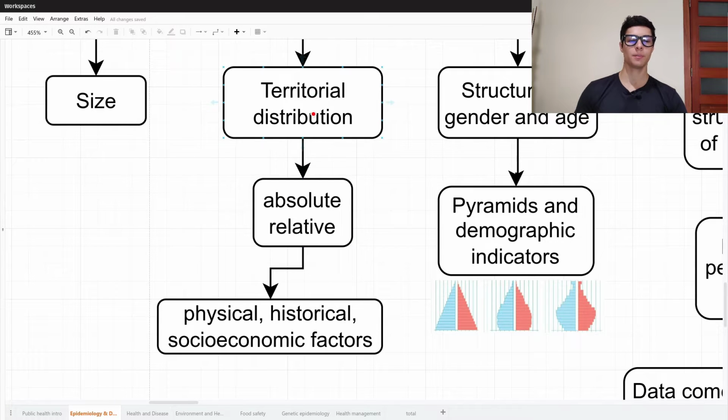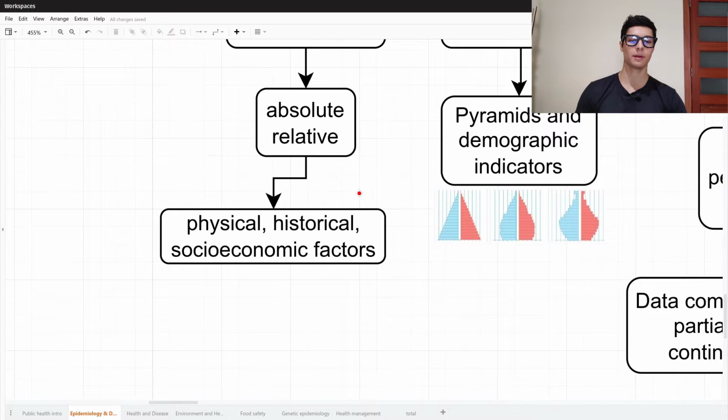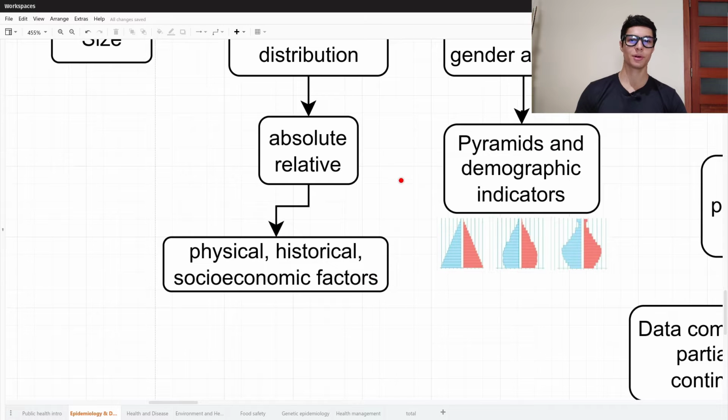And well, this type of data, the territorial distribution, is very, very dependent on the physical state of the city, for example, the historical and the socioeconomic factors, mainly the socioeconomic factors, because if a city is cheap, probably a lot of people are going to go there to live. Do you get what I'm saying?